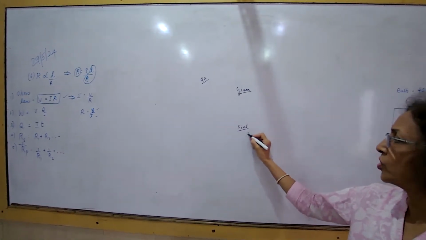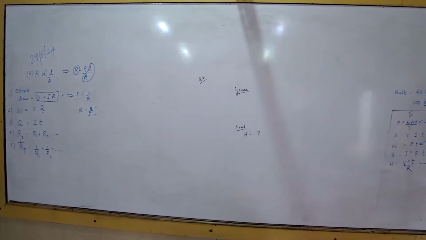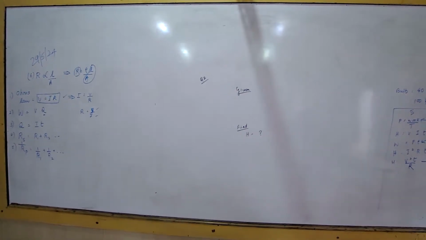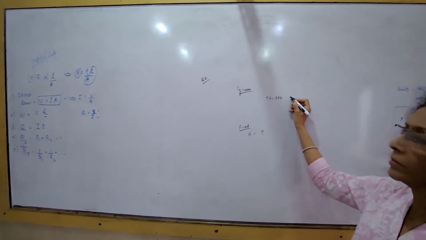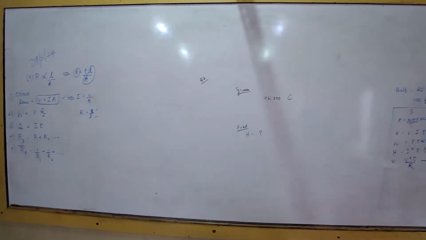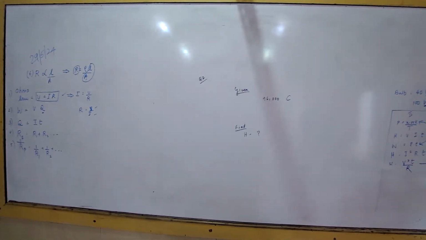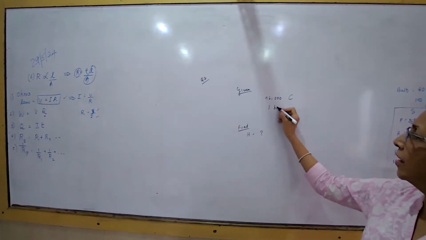Compute the heat which is generated, while transferring 9600 coulomb of charge. Time is 1 hour.